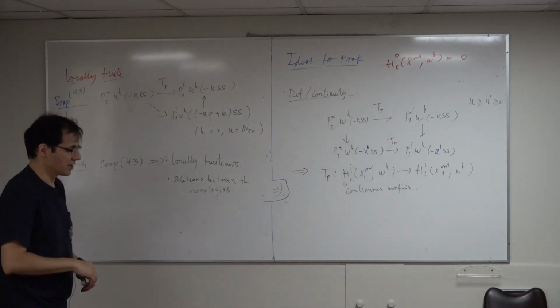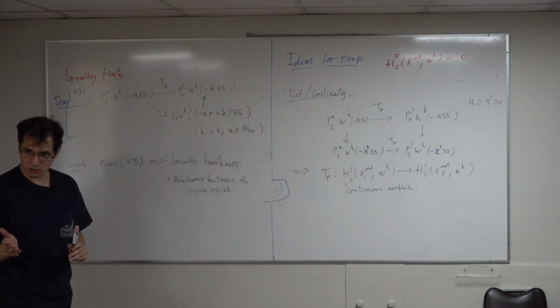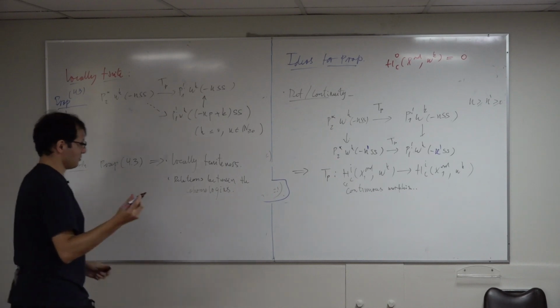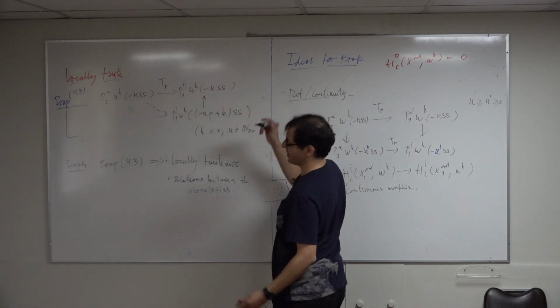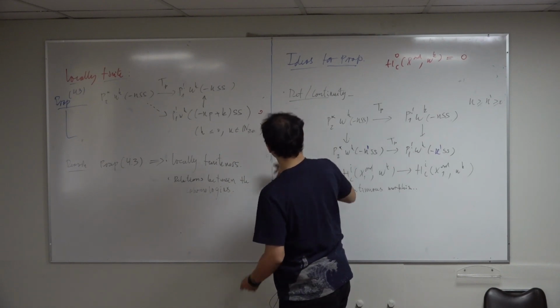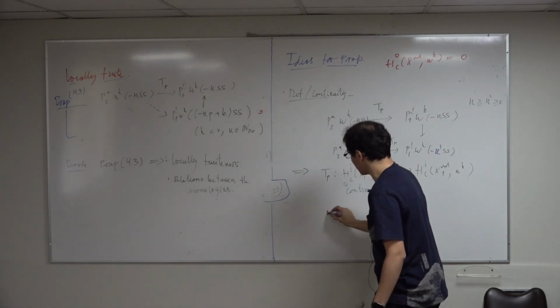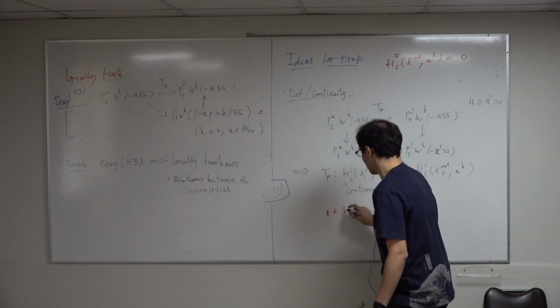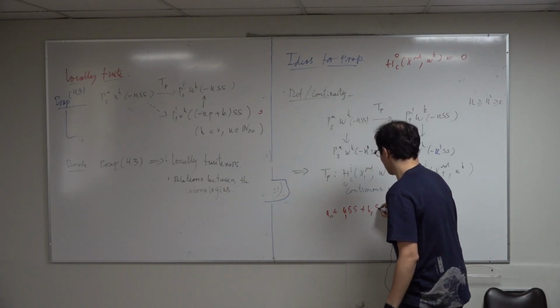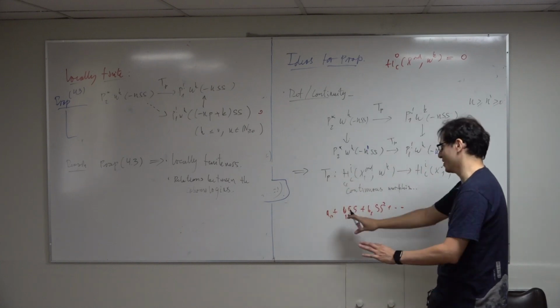How do you call the limits? Which way does the arrow go? In the opposite direction. What is this map in the explanation I gave? I say that elements here are like A0, A1 s, A2 s squared, where these are functions.